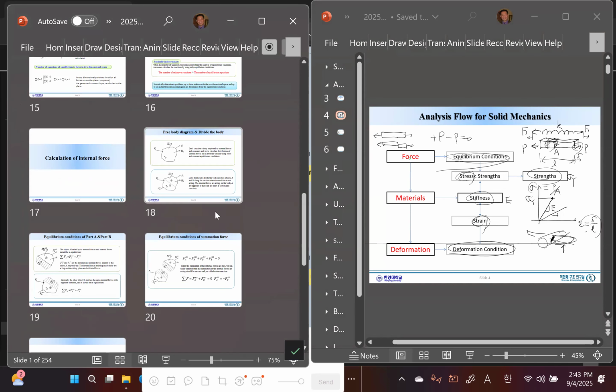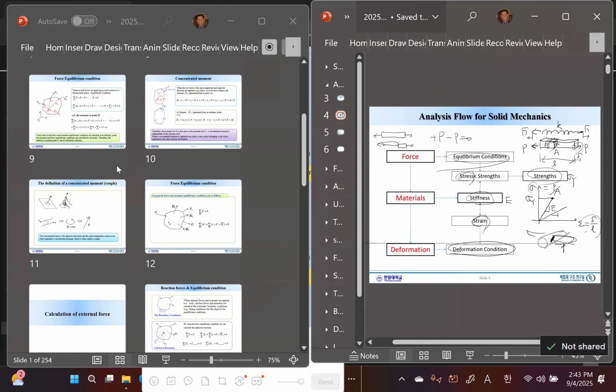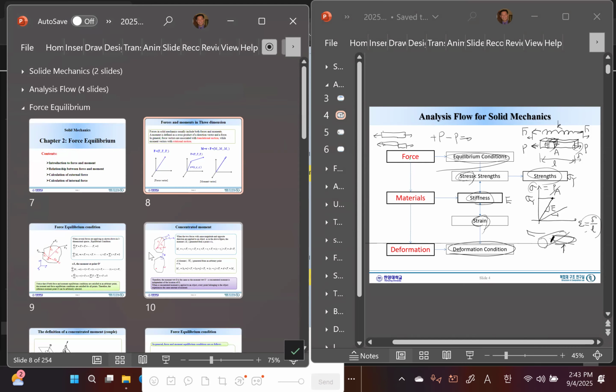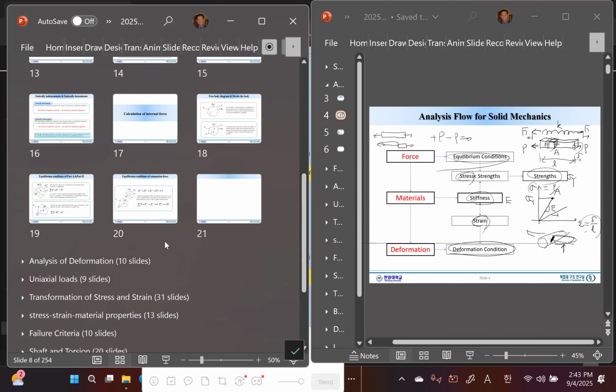And we define the force. Force is the translational force or bending moment, or twisting moment. That's the definition of a force. And then because of this force, internally, there will be some force equilibrium as well. So that's the subject we cover here.